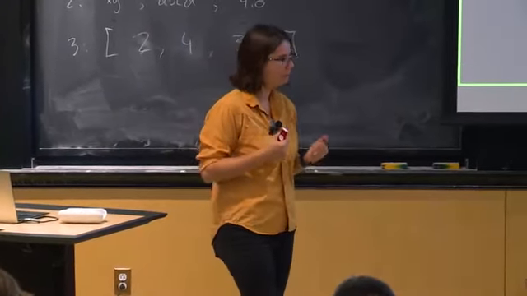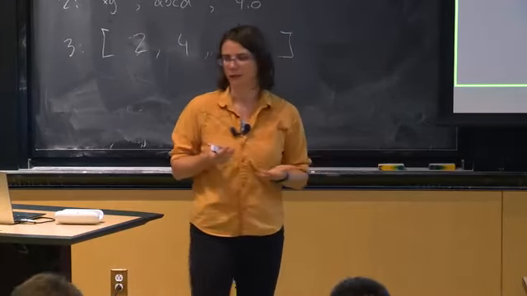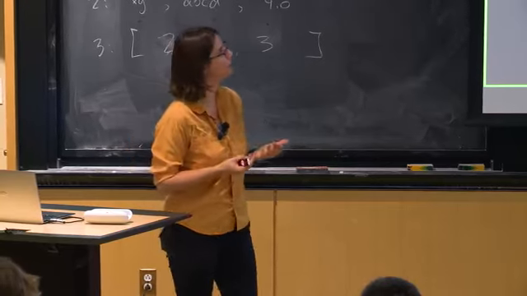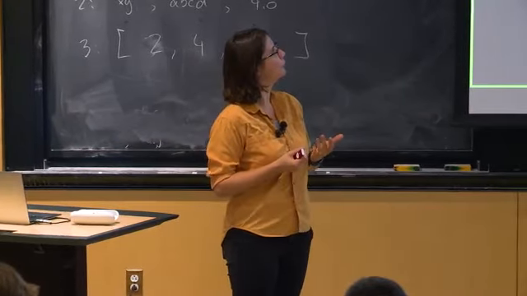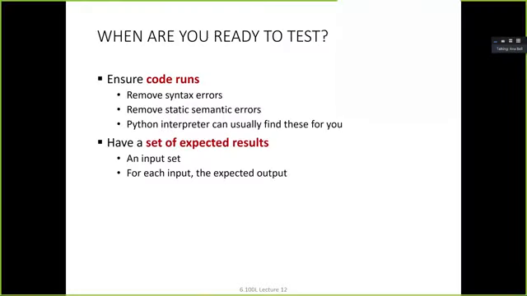Once you have code that's written, you would start the testing process. You remove all the errors. Static semantic errors and syntax errors are really easy to remove. Python immediately tells you, index error on this line or syntax error on this line. Those are really easy to figure out. Using paper and pen, or typing it out in your Python file, you come up with a bunch of test cases.